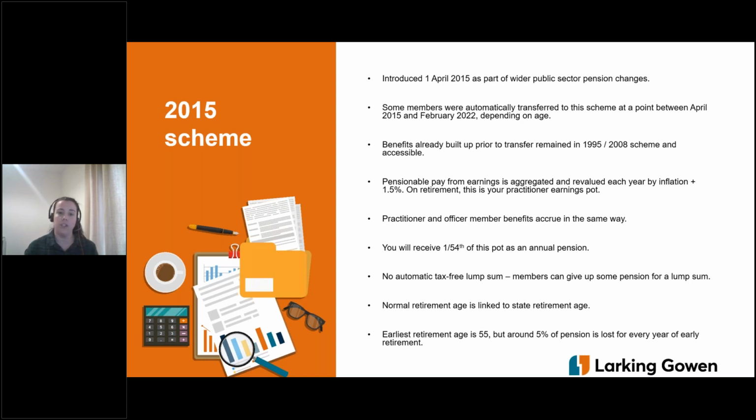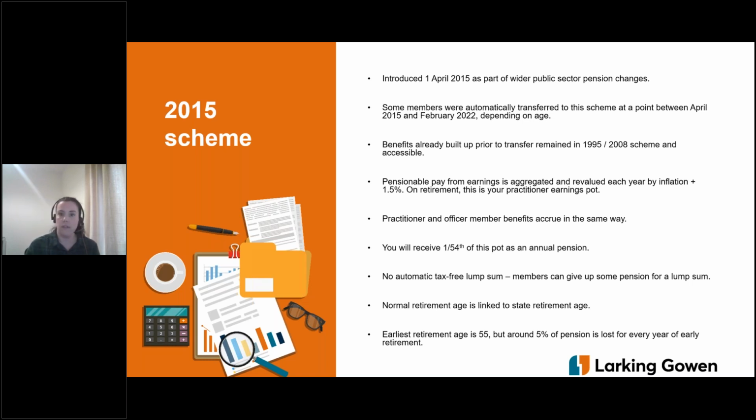Now, one of the big changes is the normal retirement age. Although in the 2008 scheme there was an increase from 60 to 65, it was fixed at 65. The 2015 scheme is linked to state retirement age. So it's not fixed at any point in time.